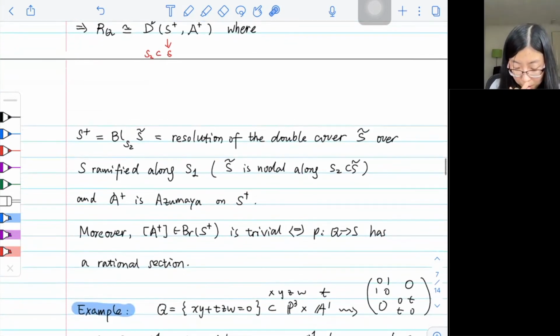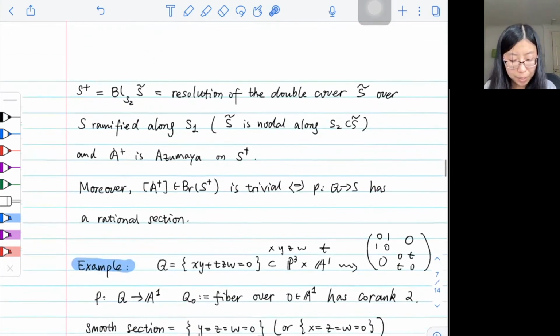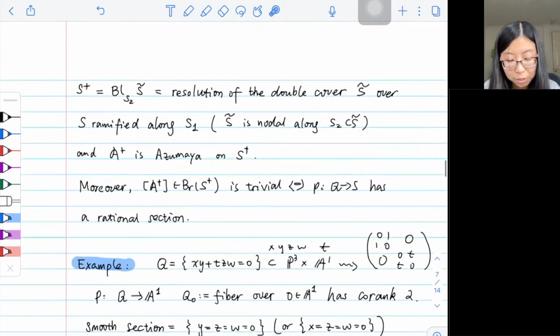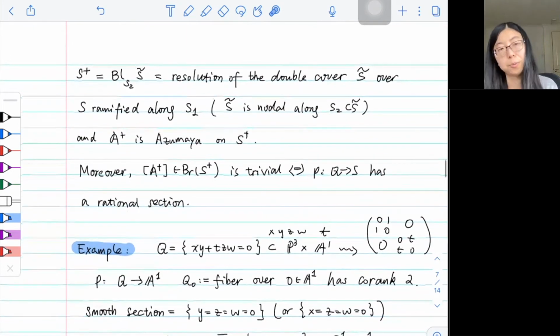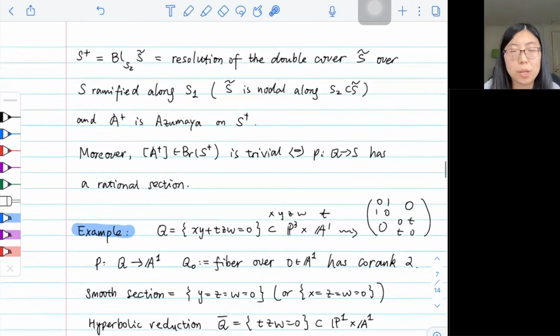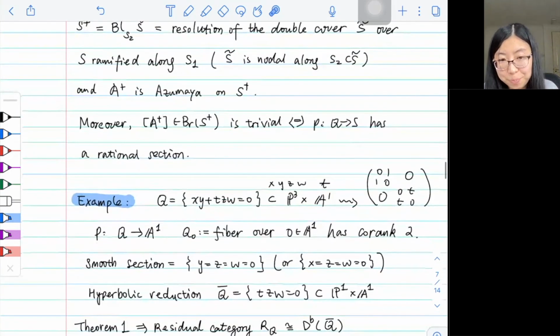Okay. So now with these two theorems, I can show you the computation that gives you the description of the derived category of the corank 2 quadric surface.